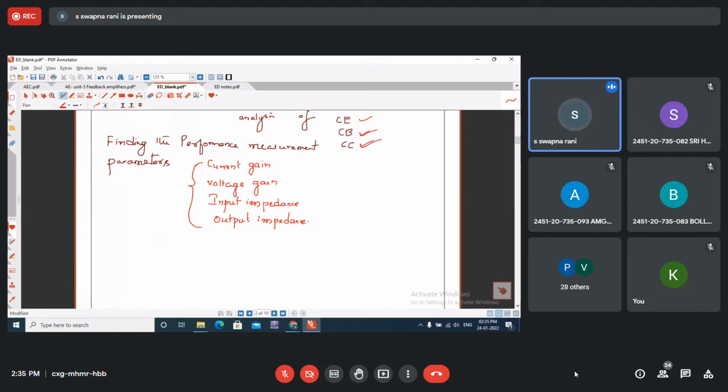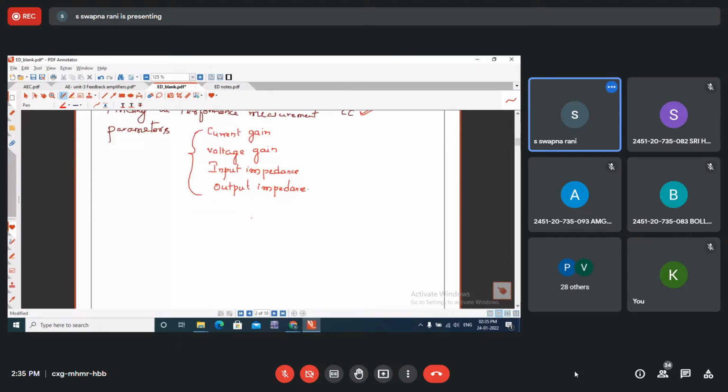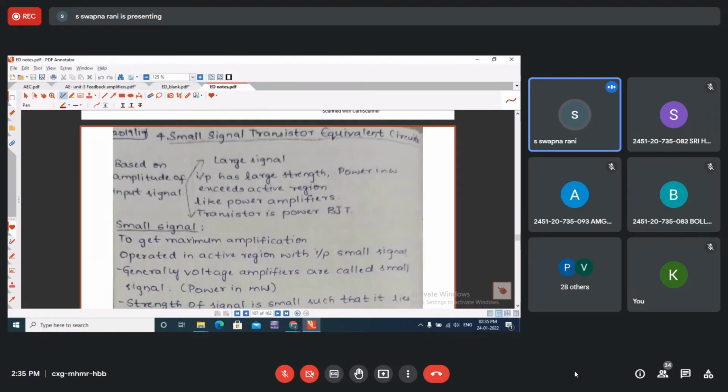Before we derive these parameters for each amplifier, let us see what a small signal low frequency equivalent circuit is. The name of the chapter is small signal transistor equivalent circuit. So we will first justify the meaning of small signal.